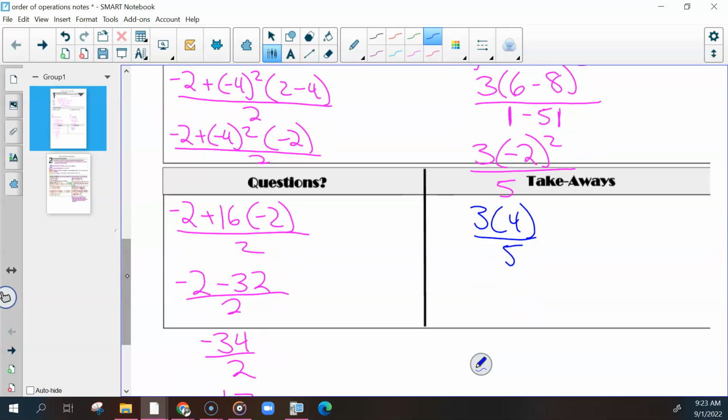Now, in this case, because we have to multiply and divide, if we could divide and we get something that was simplified, so let's say this was 10 instead of 4, we could divide 10 and 5 and get 2 and then multiply 3 and 2, and that would work. But in this case, if we divided 4 and 5 or 3 and 5, we just end up with a decimal or a fraction.